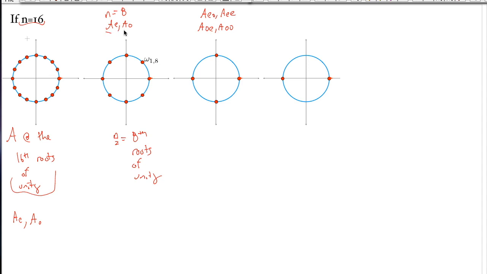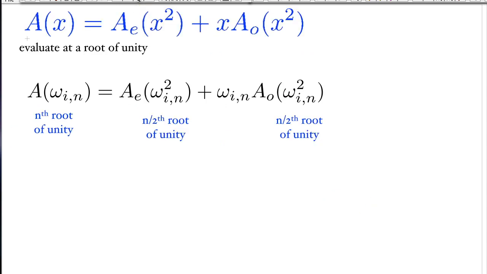When we evaluate A_e and A_o, we'll also recursively evaluate the even and odd versions of those polynomials, and those will be the 4th roots, and so on until we get the 2nd roots. And this will be a base case. So that is essentially the algorithm.